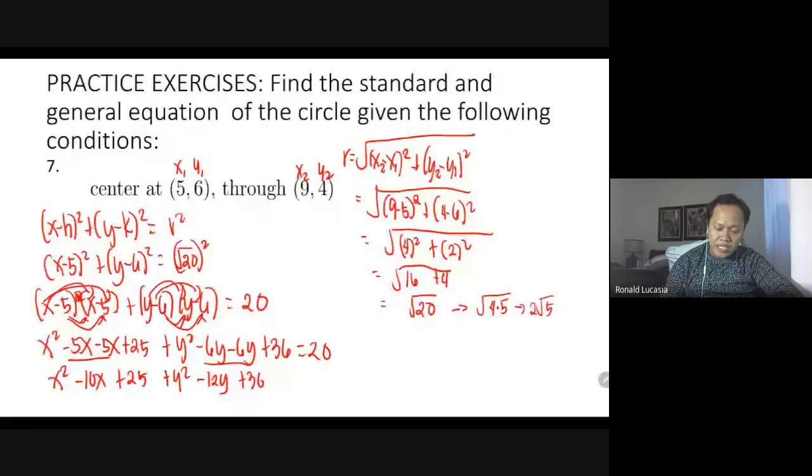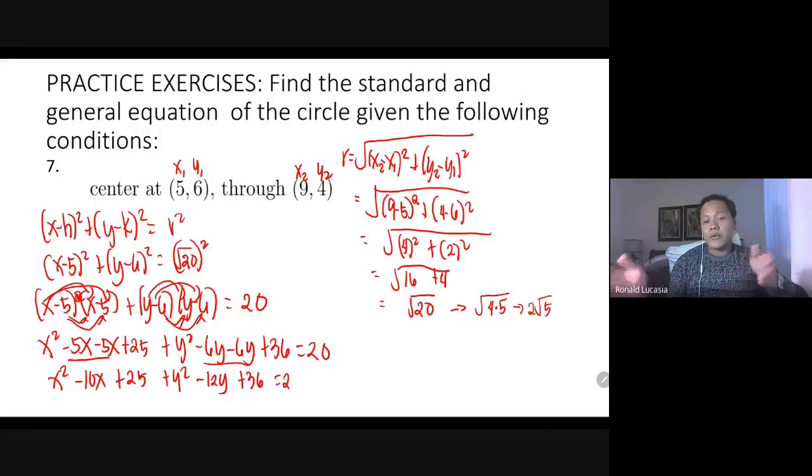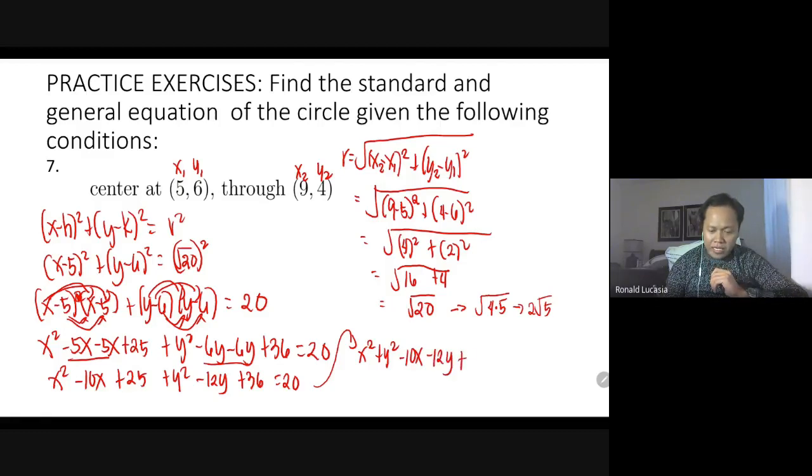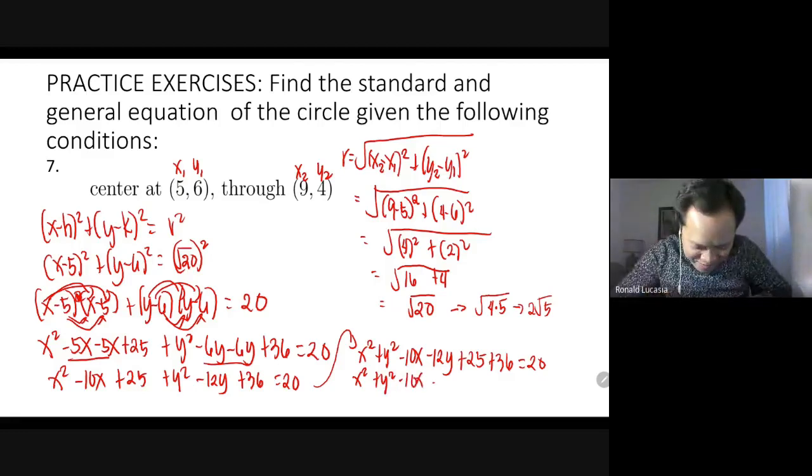Plus 36 equals 20. Rearranging the terms, that will give us x squared plus y squared minus 10x minus 12y plus 25 plus 36 equals 20. That's x squared plus y squared minus 10x minus 12y plus 25 plus 36 minus 20 equals 0.